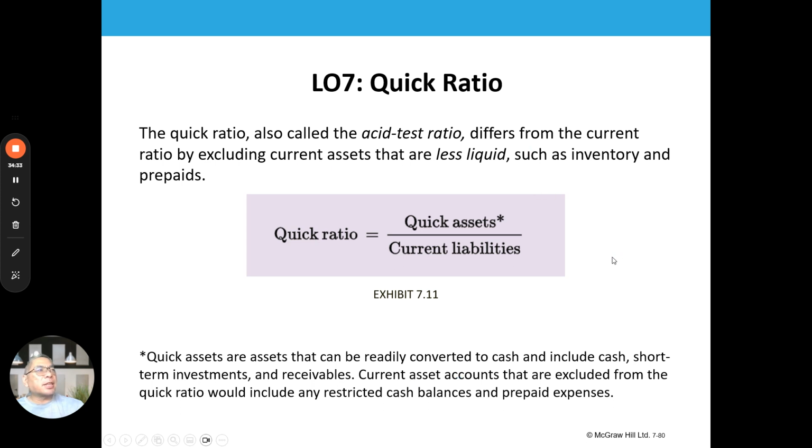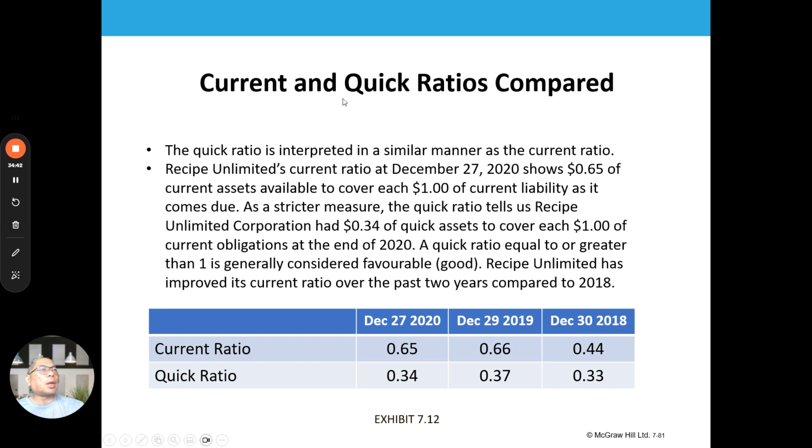Because it is less inclusive, as inventory and prepaids are not liquid. Remember that. This is a good quick ratio comparison for the company from 2018 to 2020. The quick ratio and current ratio, two examples are given to you.